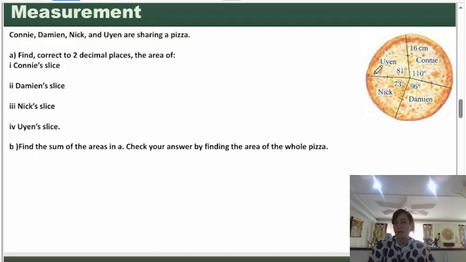If I consider this the whole pizza as a whole circle, we see here is a circle.